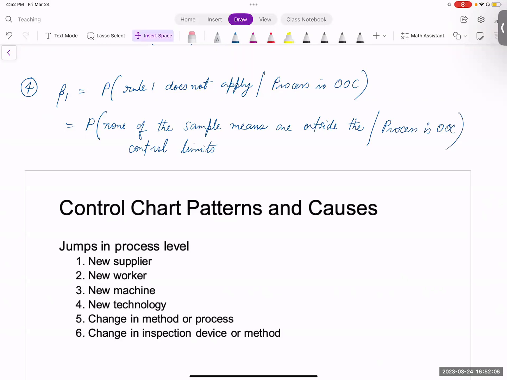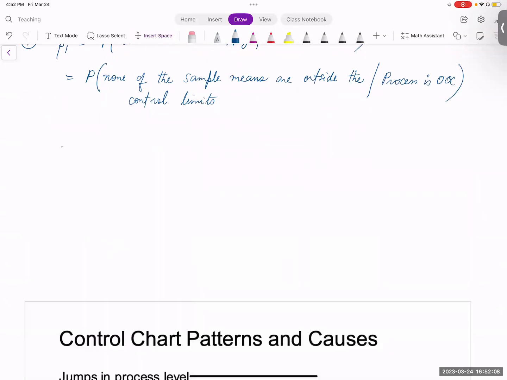Now this should be straightforward. This is equal to the probability that none of the sample means are outside the control limit. So I can say X1 bar is less than UCL, greater than LCL, given the process is out of control, times the same thing for X2, because both of them have to be inside the control limits. Both are identical, so I can take a square here.